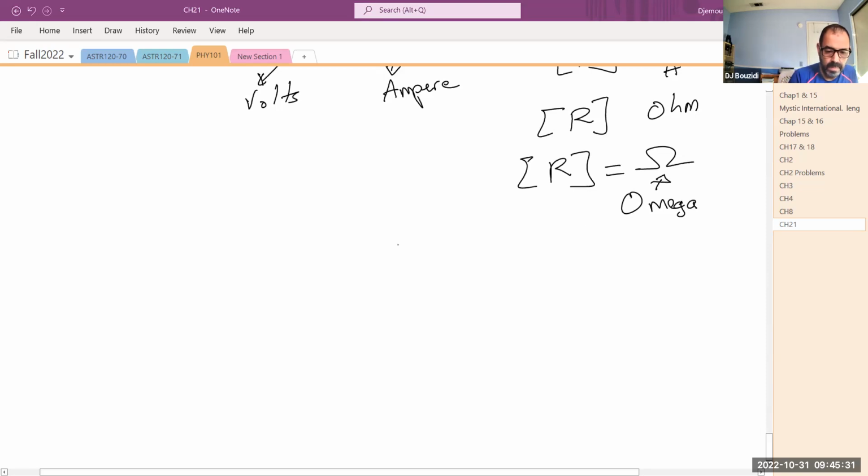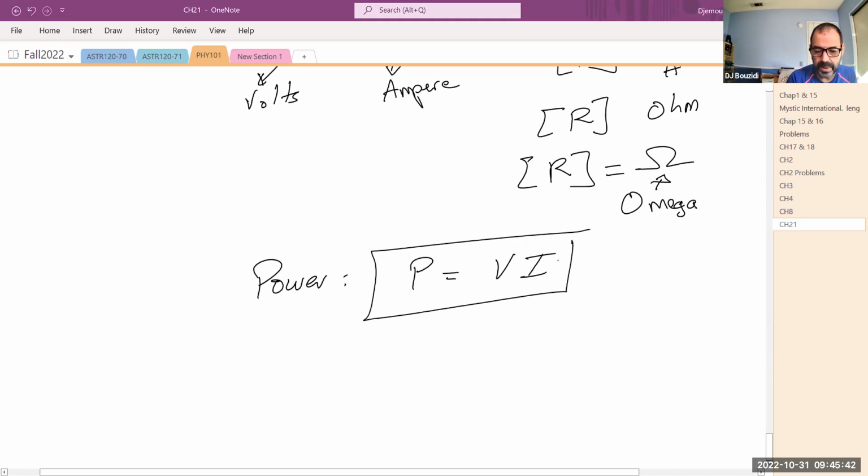So the power, and I think we talked about that last time too, we defined it, is in this case voltage times current. So this is the power. Actually, I should call it difference in potential.